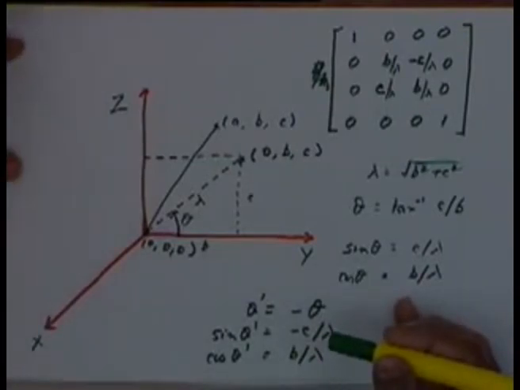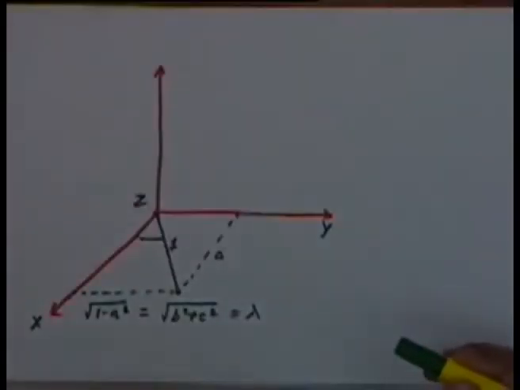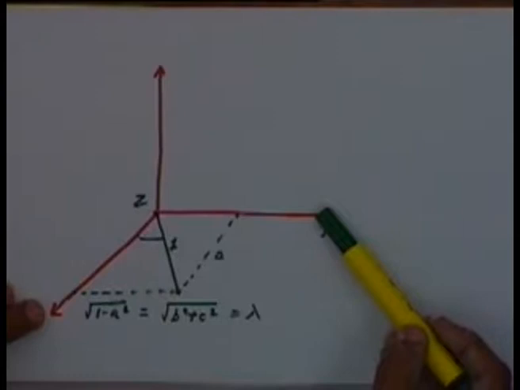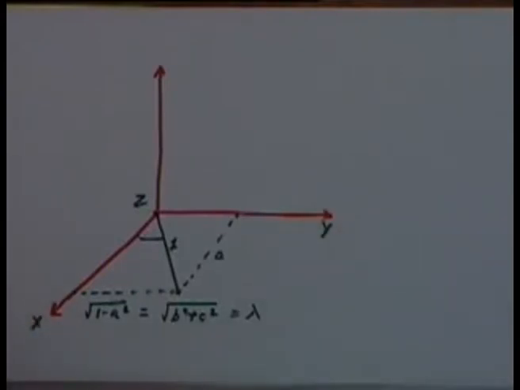So in this figure, when the vector is now in the xy plane, the x coordinate is a and the y coordinate will be lambda.